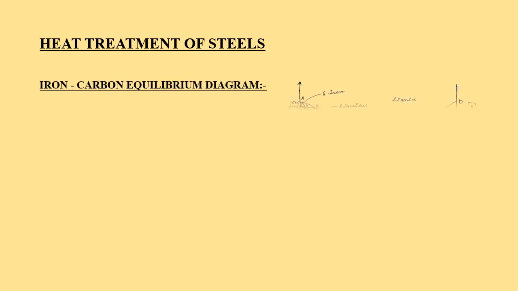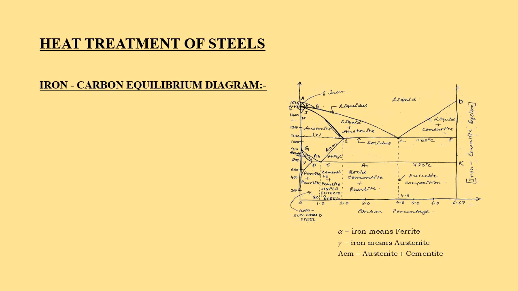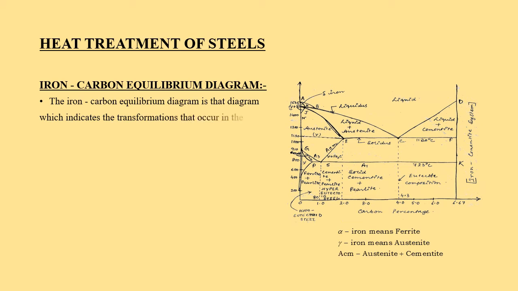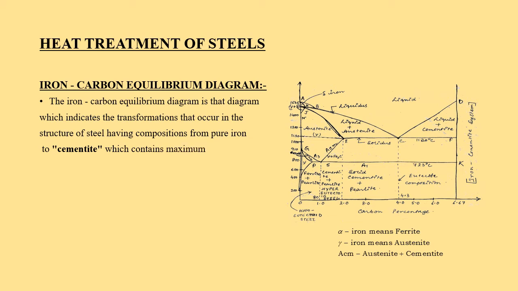Iron-carbon equilibrium diagram. The iron-carbon equilibrium diagram is that diagram which indicates the transformation that occur in the structure of steel having compositions from pure iron to cementite, which contains maximum carbon percentage of 6.67%.